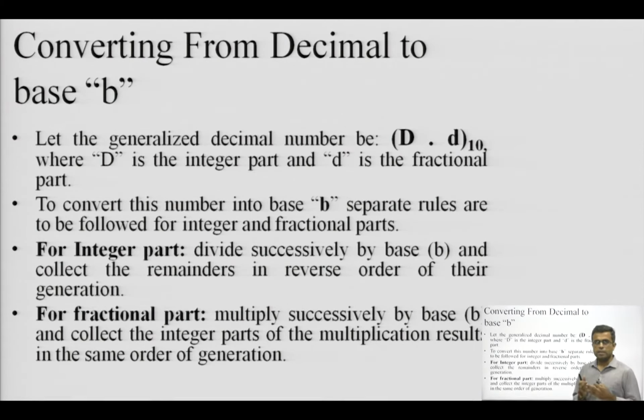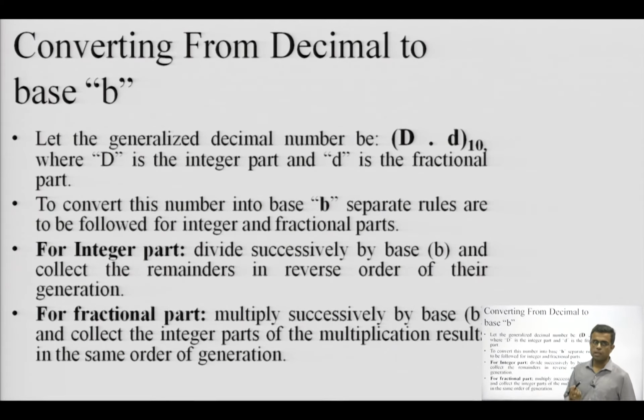We will deal with how to convert that decimal number into formats which are not so known to humans, but are more practically used by machines. Binary is the one used by machines, and octal and hexadecimal are used as an interface between the machine and the humans. For example, in microprocessors, we use hexadecimal as an interface between the human and the machine. So, converting from decimal to base B.